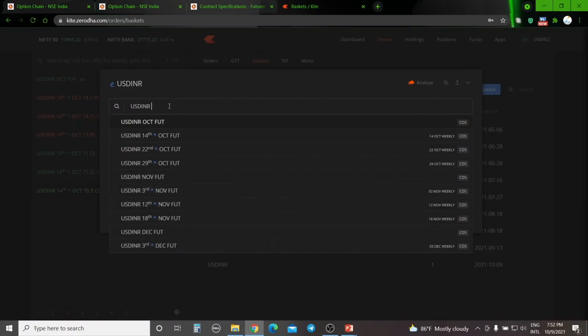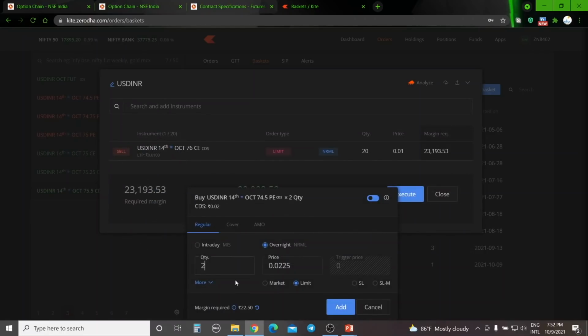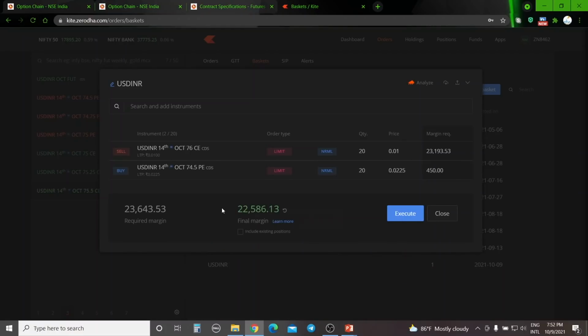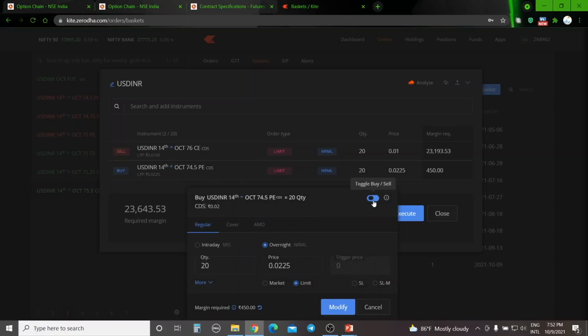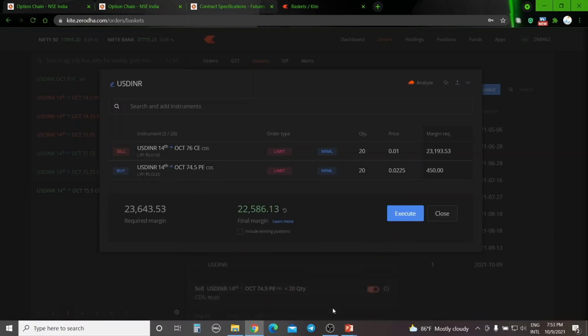So USD INR weekly PE, let us sell 74.5 itself, no issue. So 20 contracts. You can see it is trading at about 2.25 paisa. So let's add this one. No, I put a buy, so it should be a sell. So you sell this one, you will still get a margin benefit, because if you sell both independently, you will have a higher margin.